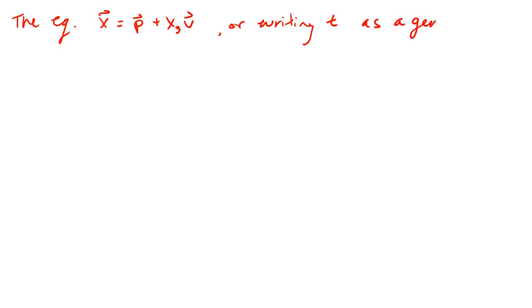Okay, so the equation can be written as vector x is equal to vector p plus x3 times v, or writing it as a parametric equation, so t as a general parameter.